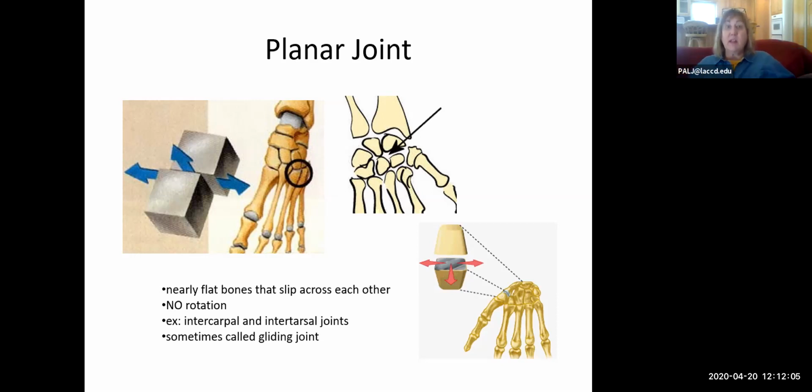They're sometimes called gliding joints. Classic examples of these are going to be joints between carpal bones or between most of our tarsal bones. Not all of the tarsal bones, but most of the tarsal bones will have planar joints.